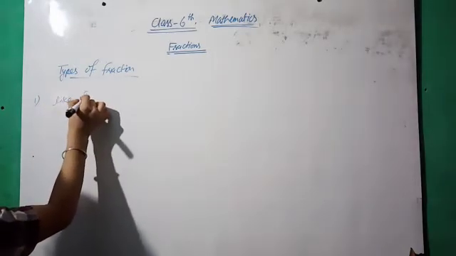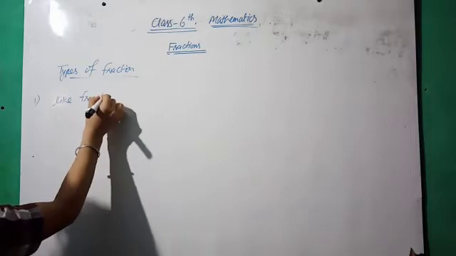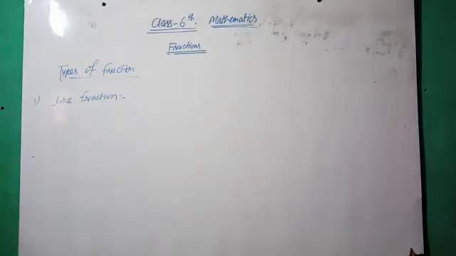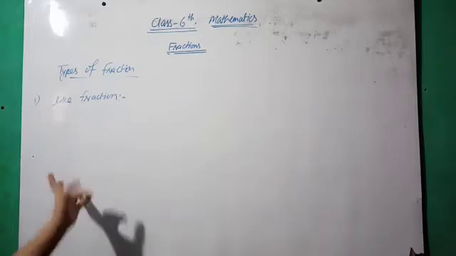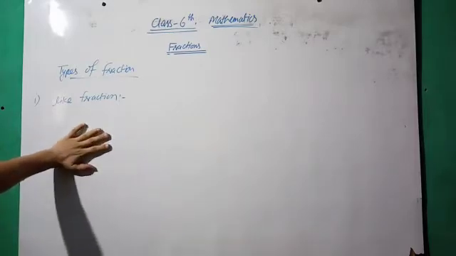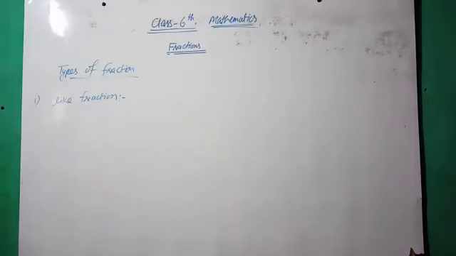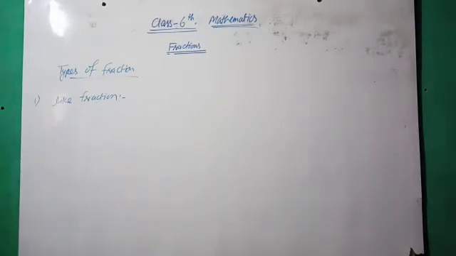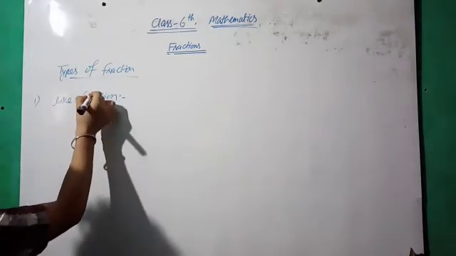So what is like fraction? If the denominator of two fractions is the same, then it is known as like fraction. When we compare two fractions, we can say that the two fractions are like or unlike. We cannot consider a single fraction as like or unlike; for this we need at least two fractions.